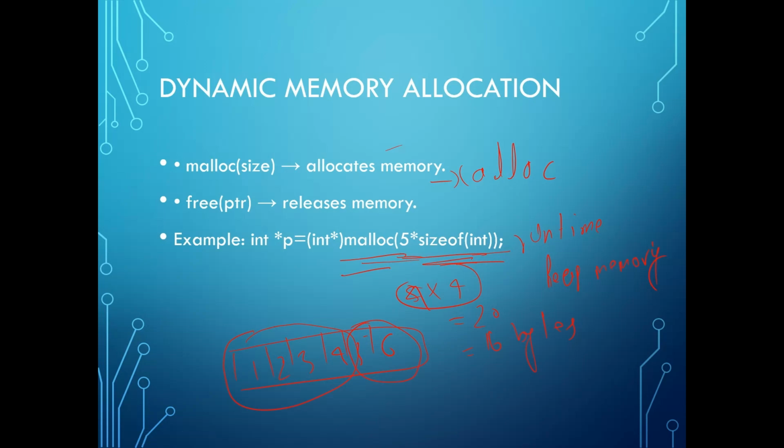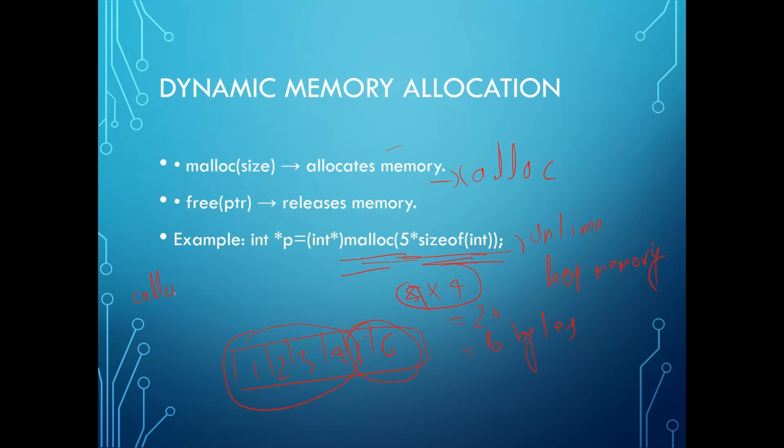It differs from malloc: the function is similar, but it initializes the allocated memory to zero. Malloc initializes with garbage values, but here it is initialized with zero. It is used when you need memory with a default value of zero. That's why calloc is used.